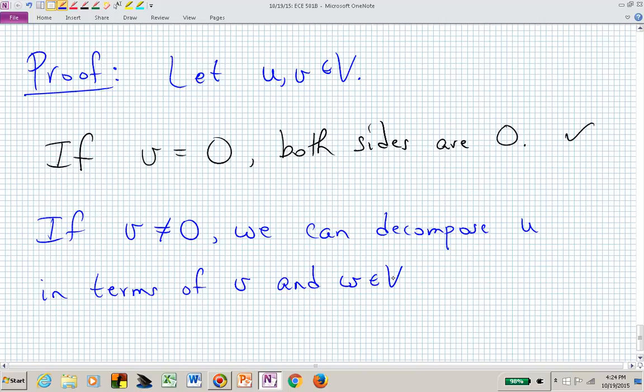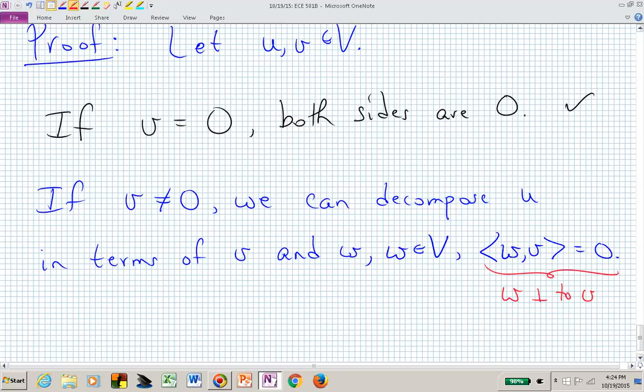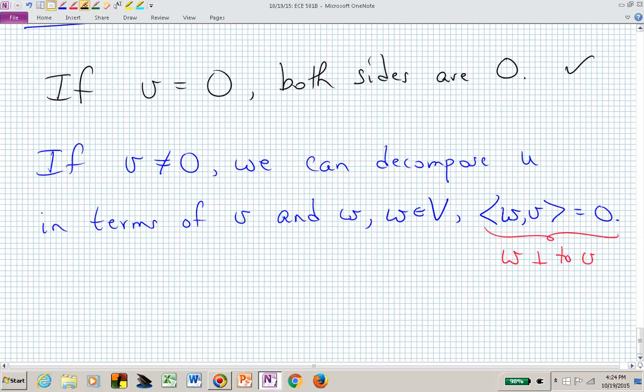Again, w is in our vector space, where we are going to assume that w and v have an inner product of 0, or that w is orthogonal to v. And we know we can decompose u in that way. We just did that with the orthogonal decomposition, which says then that we can rewrite u.